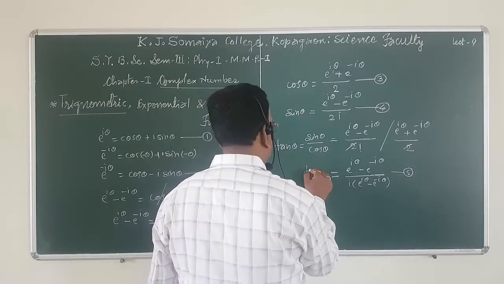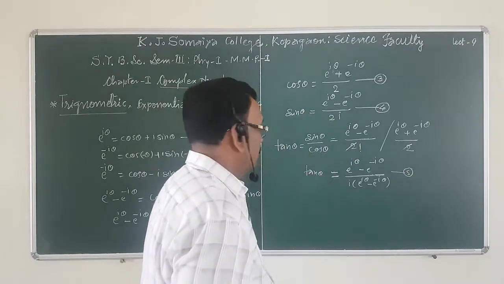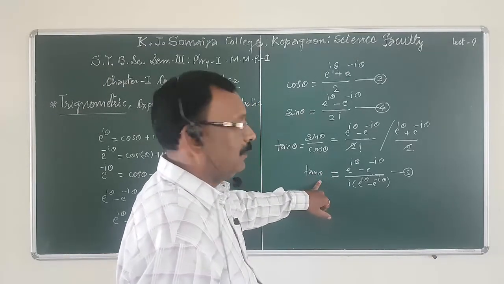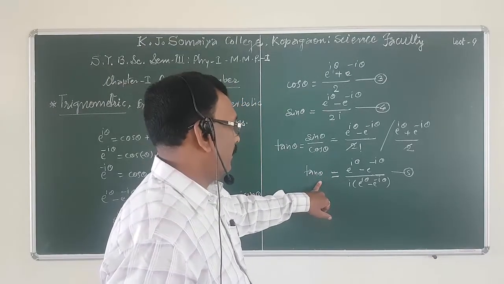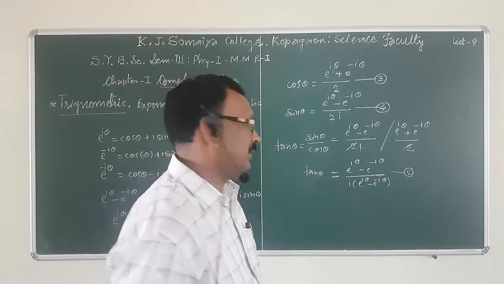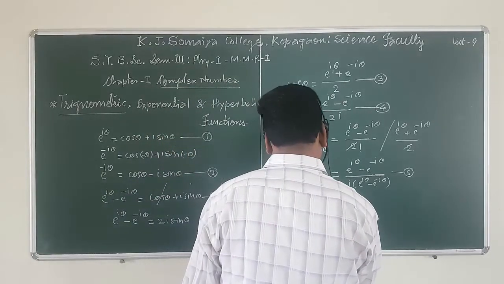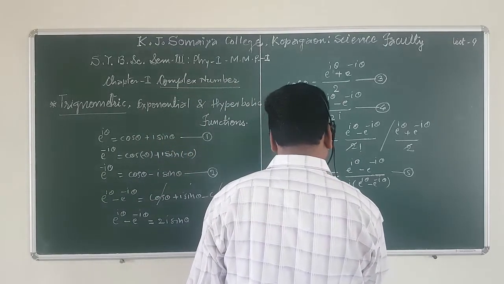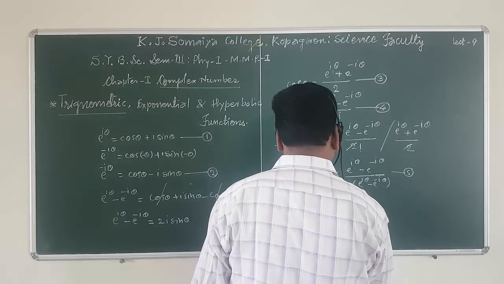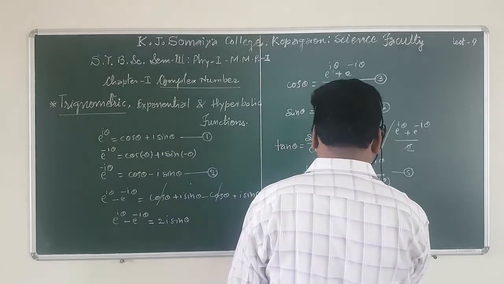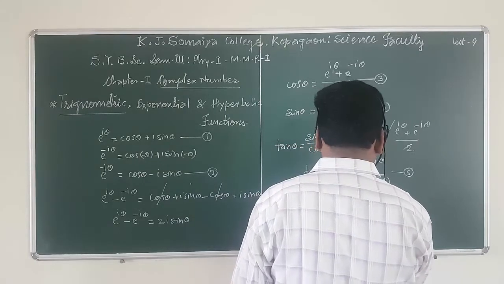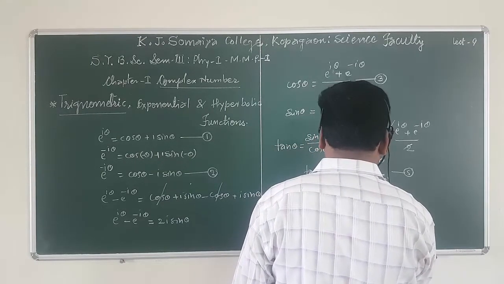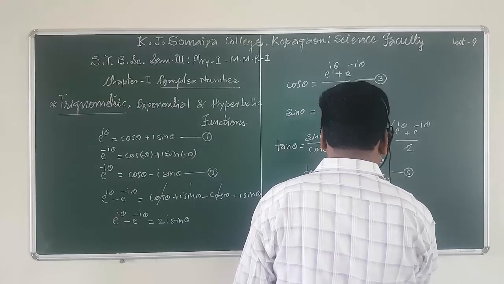We know that 1 upon cos theta is equal to what? Sec theta. Therefore, another trigonometric function: sec theta is equal to 1 upon cos theta is equal to 2 upon e raised to i theta plus e raised to minus i theta.